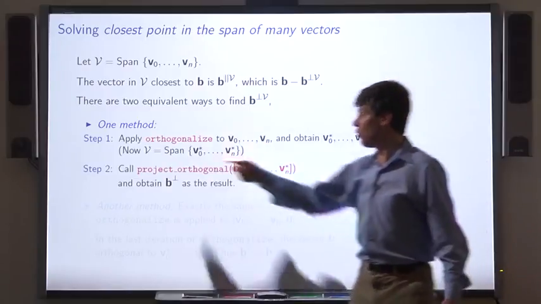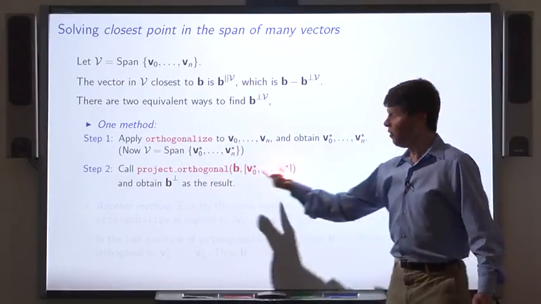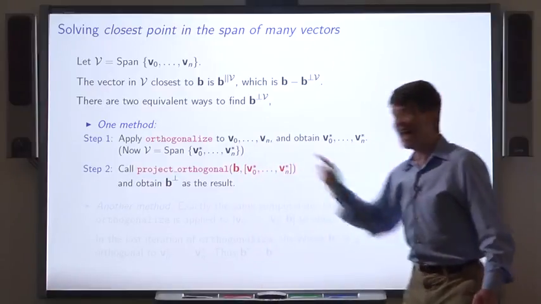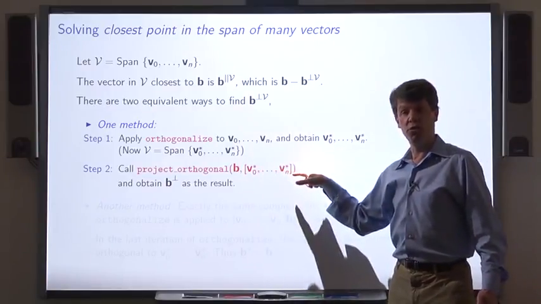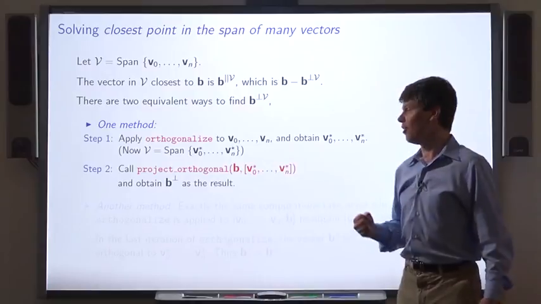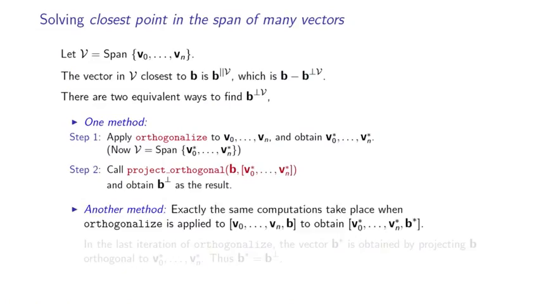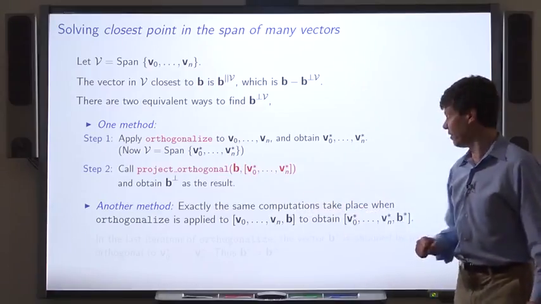Now we can call project orthogonal with B as the first argument, and the list consisting of V0 star through Vn star as the second argument. This satisfies the spec of project orthogonal because V0 star through Vn star are mutually orthogonal. So we get the correct result. Here's another method. We just call orthogonalize with an input list consisting of V0 through Vn together with B. And exactly the same computations take place.